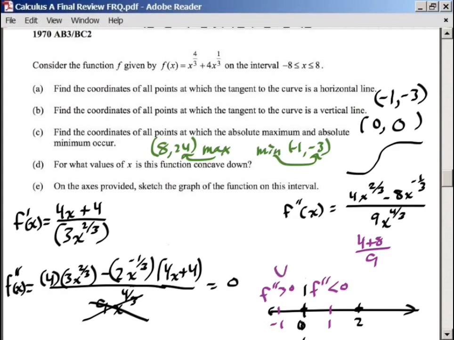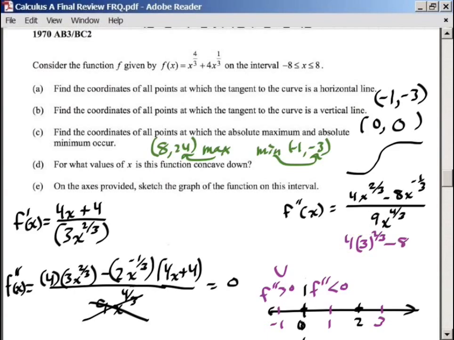So that's concave up, and now we check one more, this 3, which is not going to be that pleasant, but we don't have to finish it, we just have to know if it's positive or negative. So we have 3 raised to the second power, then the third root of that, and that's going to be a positive number. 3 raised to the second power is going to be positive, which we know is 9, and the third root of that is just going to be a positive number times 4, which is positive.